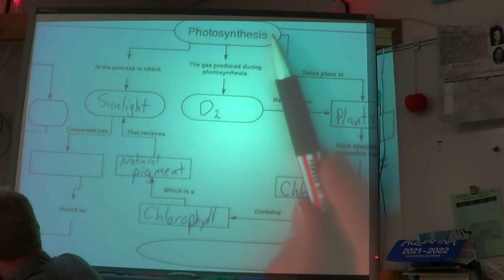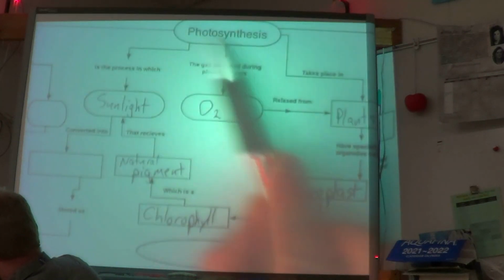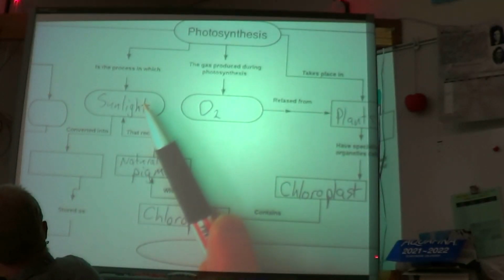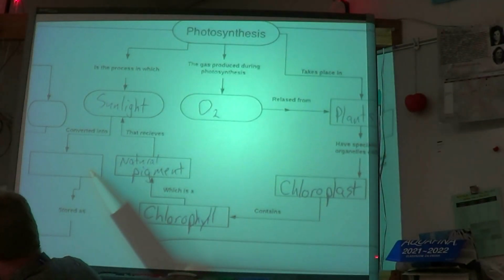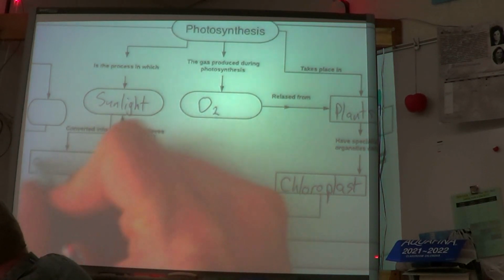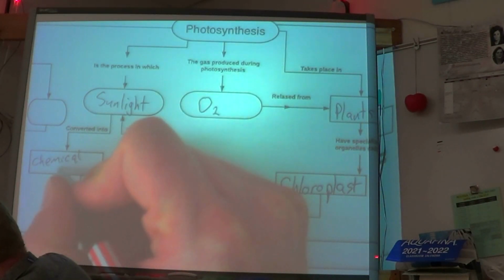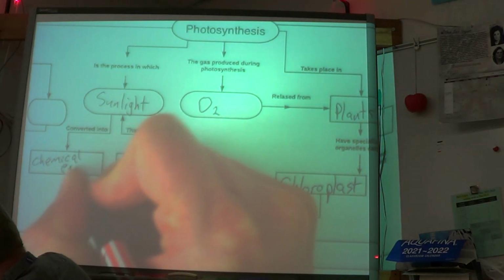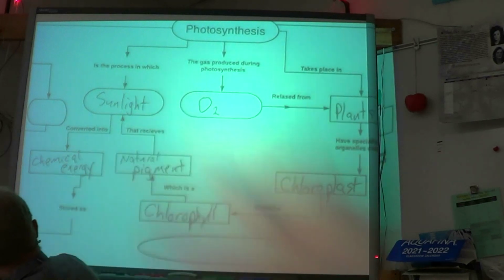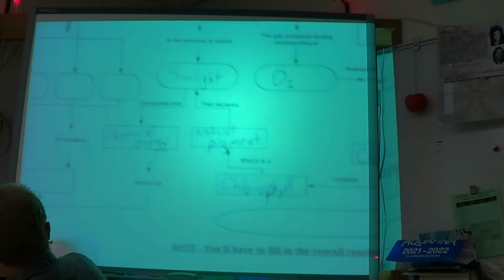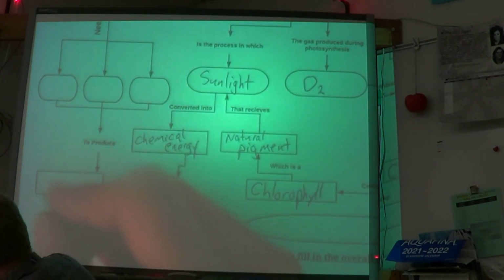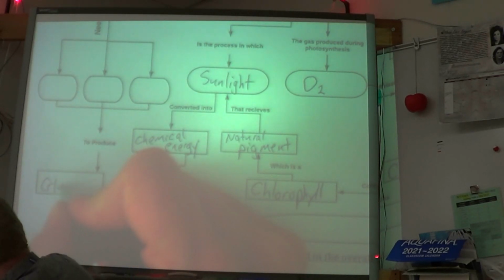So if we kind of keep going along that path, photosynthesis is the process in which sunlight is converted into chemical energy. It changes the form of energy. It takes light energy and transforms it into chemical energy. And that chemical energy is stored as glucose.